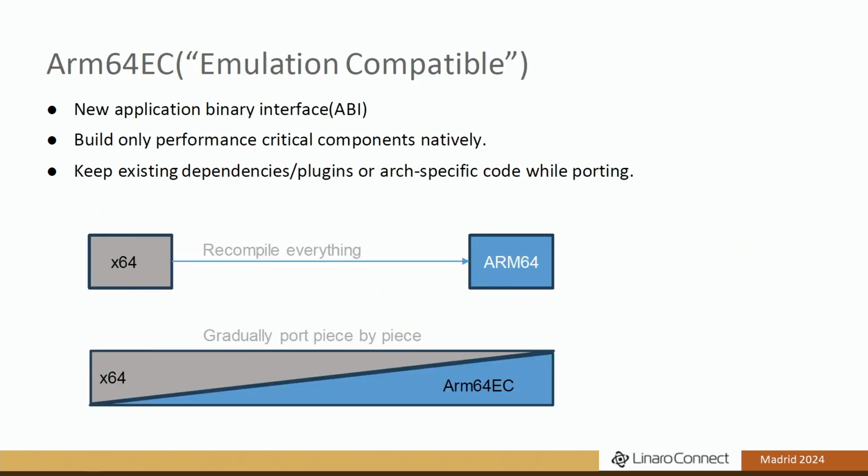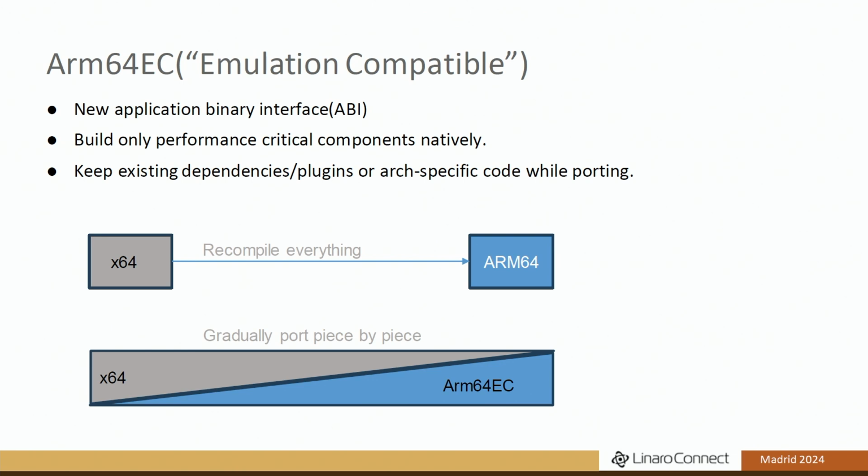Okay, let's get going with ARM64EC, or the emulation compatible. What is it? Native applications perform better on ARM, but to port from existing x64 to ARM64, we have to recompile everything.